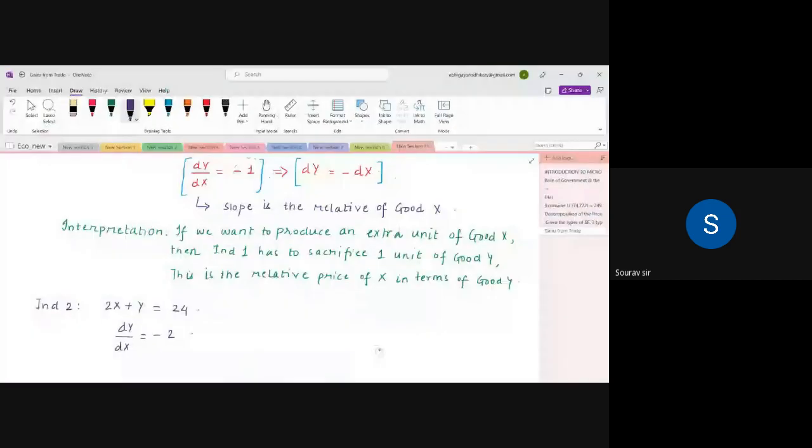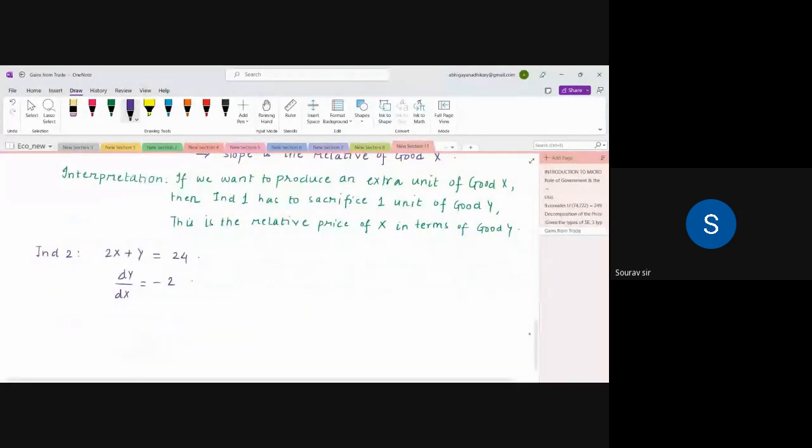Okay, let's write that down once again so that we have clarity over here. So this is the relative price of good x in terms of good y.